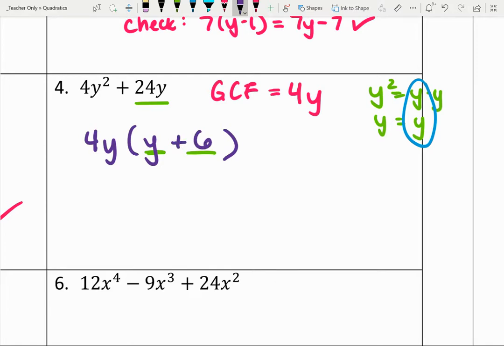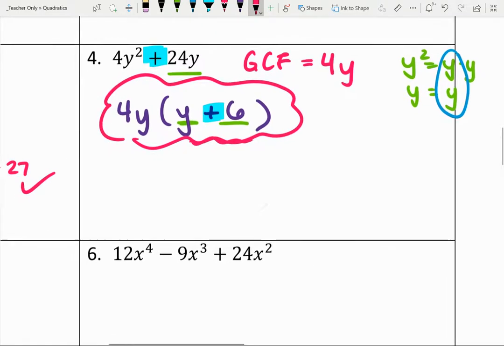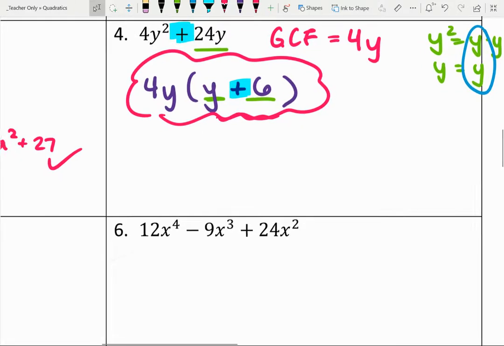A positive 6. Make sure you do have a plus or minus there, right? If I have a plus or minus in my original, I should have one in my remainder. Another word I might use here is remainder, the things that remain. So if we were to check this, we would be on the right track.